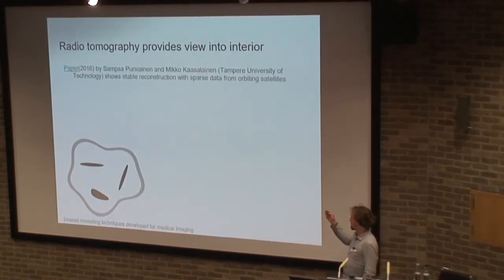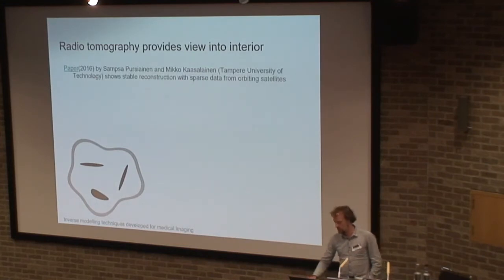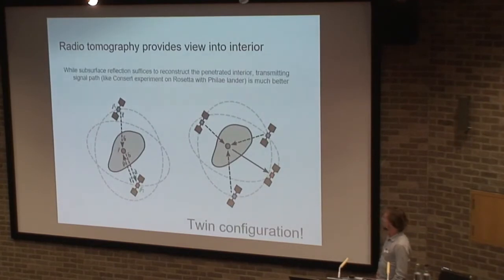They showed that within a body like this, they can reconstruct these black voids you see there using only sparse measurements with the radar instrument. One important point here is that the more measurements you have, the better.